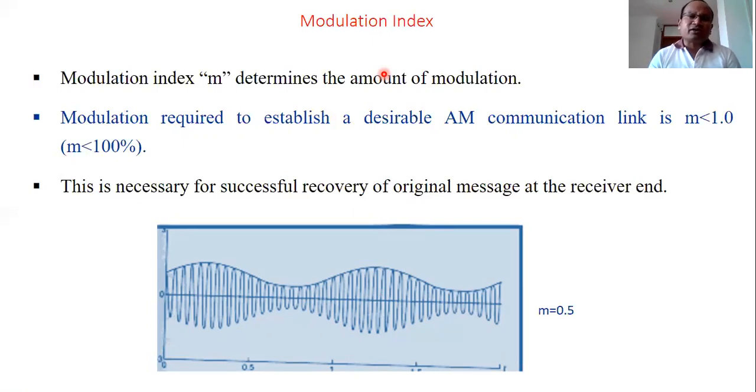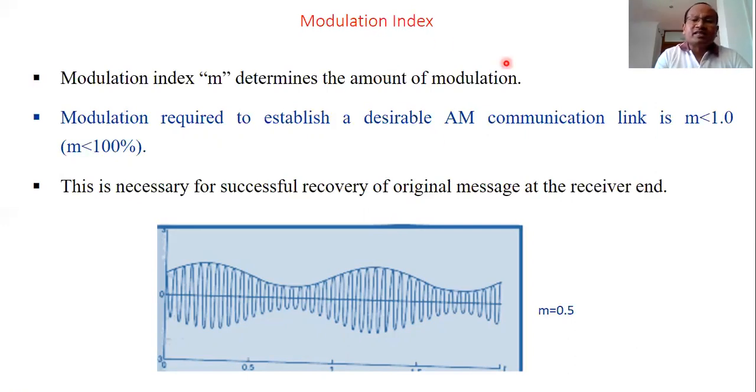In our previous lecture also we have talked about over-modulation. Over-modulation creates distortion in the system, and therefore if we want to establish a desirable AM communication system with a good modulation percentage and good modulation scheme, it must have a modulation index less than 1.